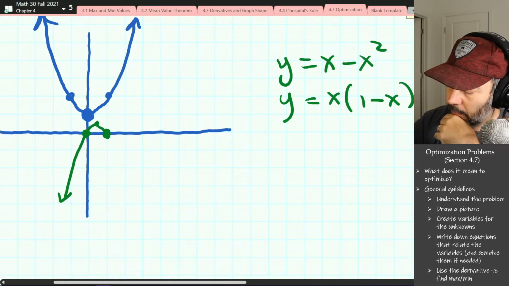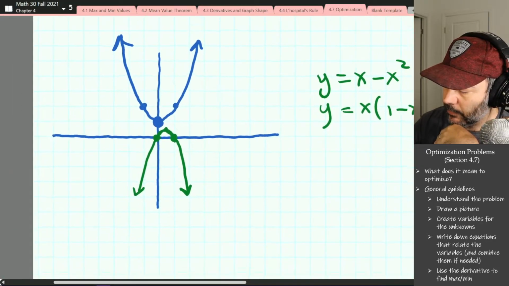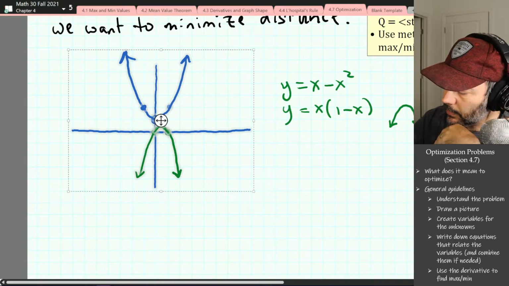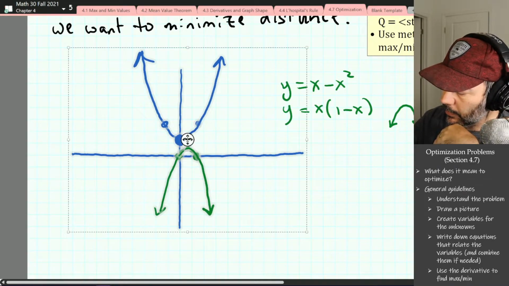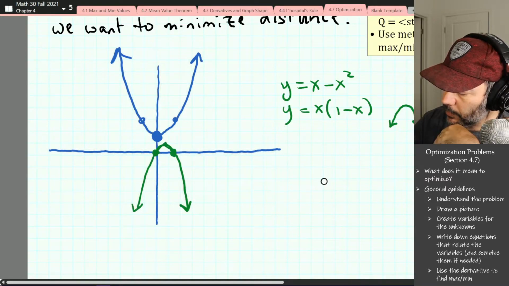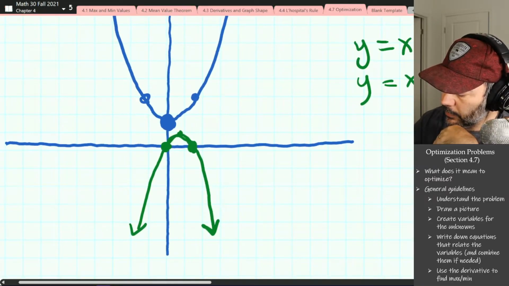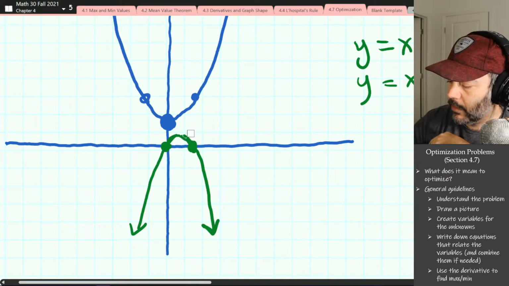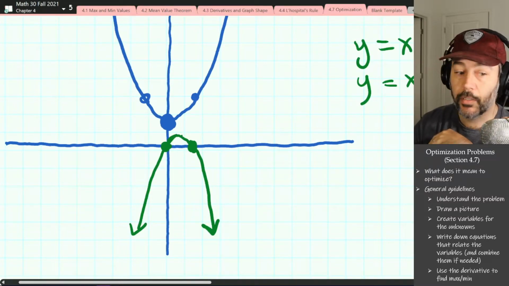Now, if I were to pick any one point on this graph, let me make this a little bit bigger so that I can zoom in. I know I didn't draw this like the best in the history of graph drawing, but I think it should be clear enough.